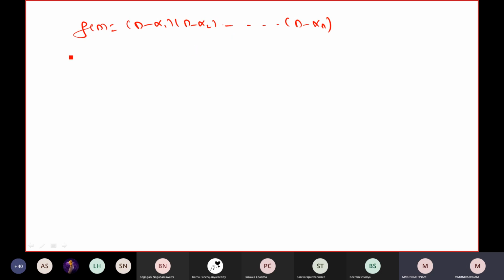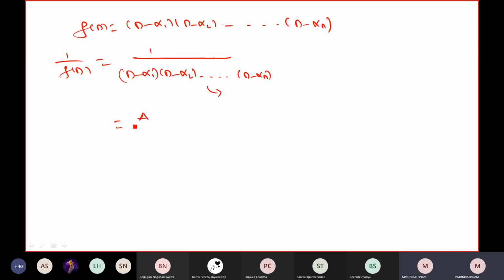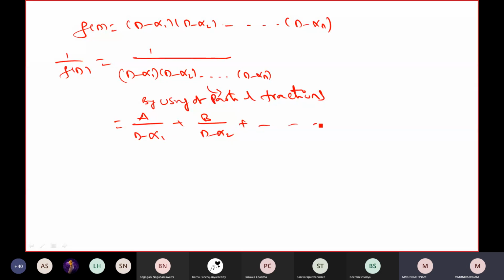Now 1 by f of d is 1 by d minus alpha 1 into d minus alpha 2, and so on up to d minus alpha n. Now express this using partial fractions: A1 by d minus alpha 1 plus A2 by d minus alpha 2, and so on, plus An by d minus alpha n.